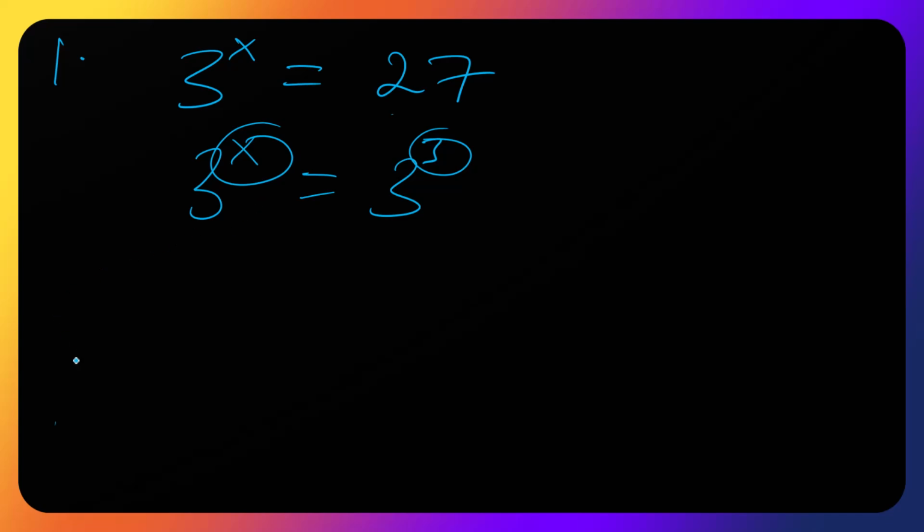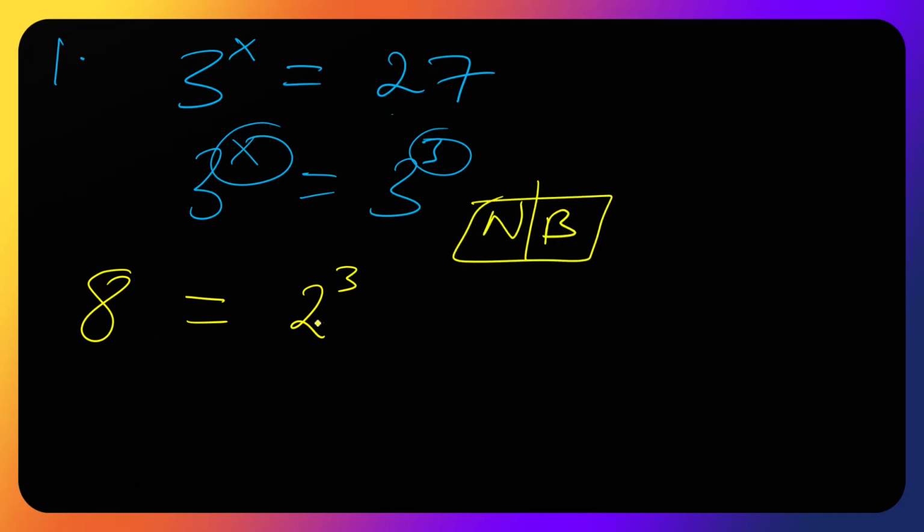Now, before we solve proper examples, let's observe the following. 8 is the same as 2 to the power of 3. You can note them down. 16 is the same as 2 to the power of 4. 27 is the same as 3 to the power of 3.